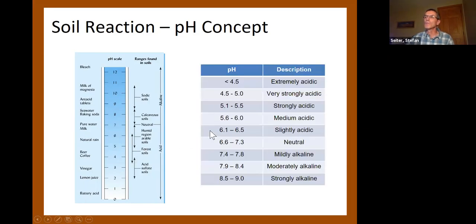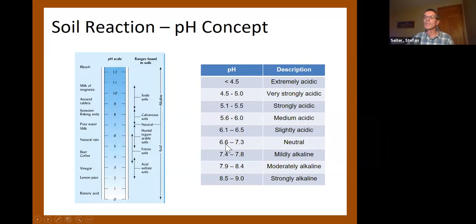And so we have these various descriptions of how we describe particular pH ranges. With a pH 5.6 to 6, we say it's medium acidic. If it's 6.1 to 6.5, we say slightly acidic.